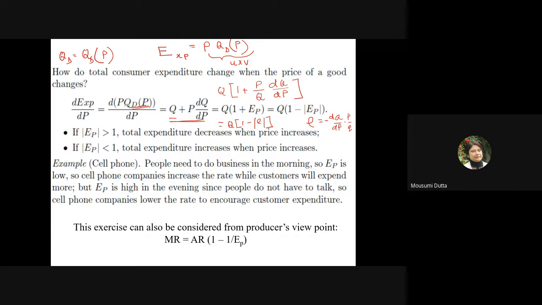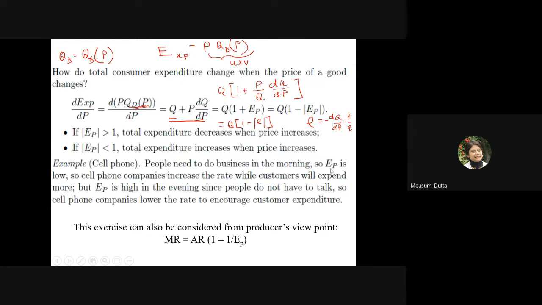So this is the idea. There is an example of cell phones nowadays. People need to do business in the morning. So this elasticity, capital E subscript P, is equivalent to small e.